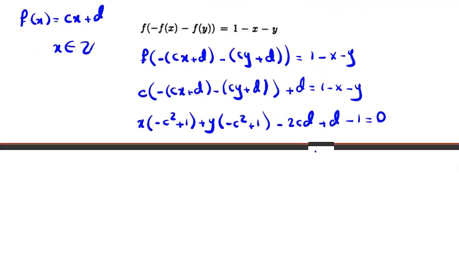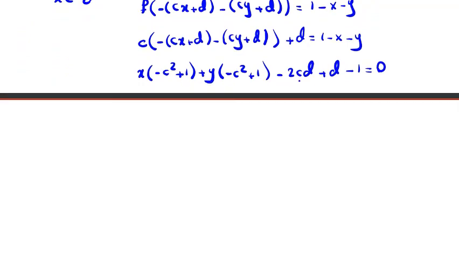It is a polynomial in x and y, and it is 0 for infinitely many integers x and y, so you can conclude, by an important famous idea in polynomials, that all coefficients should be 0.